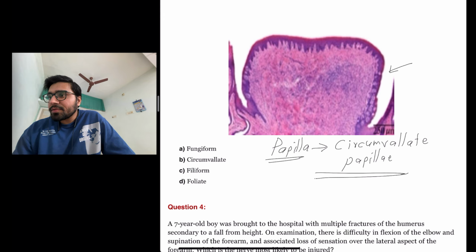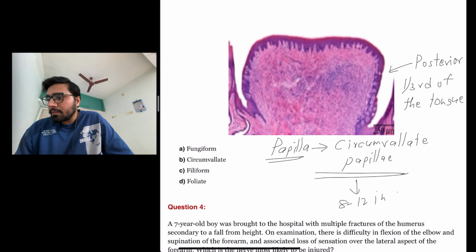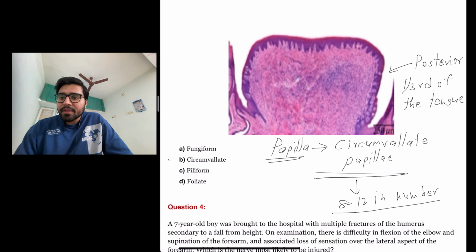That is actually situated in the posterior one third of the tongue, and they are 8 to 12 in number. So the answer here is B, circumvallate papillae.